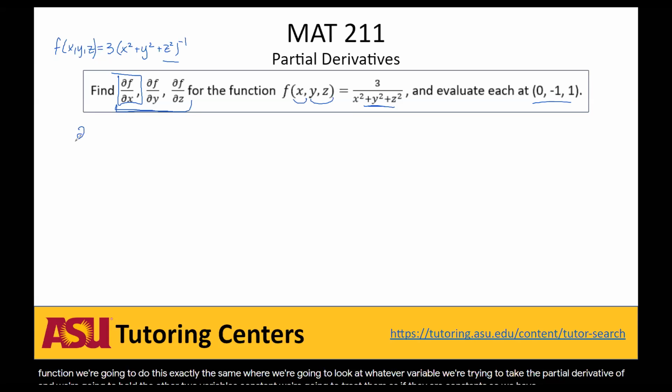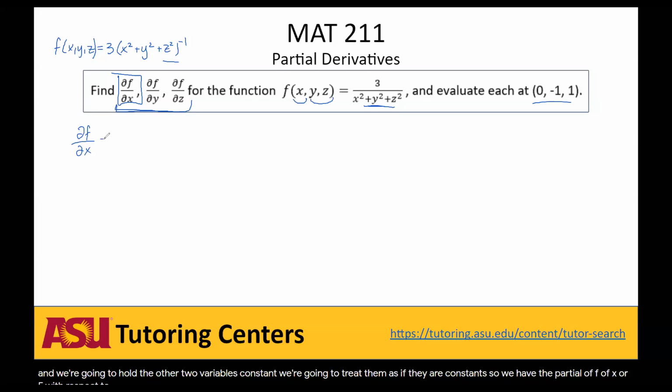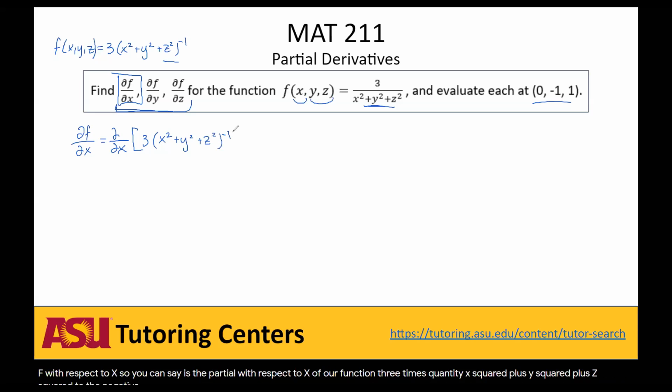So we have the partial of f with respect to x, which we can say is the partial with respect to x of our function 3 times quantity x squared plus y squared plus z squared to the -1st power.